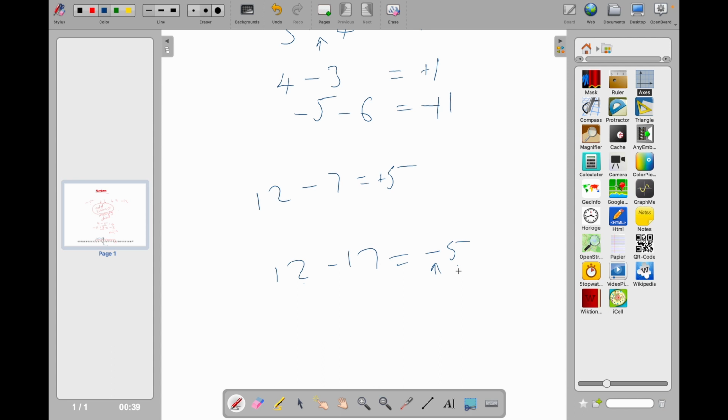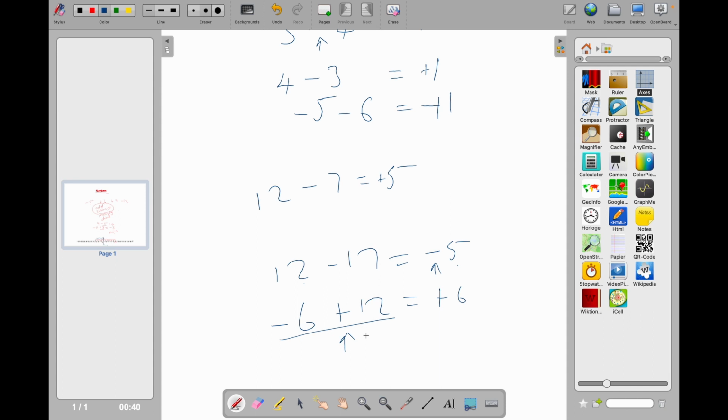Okay, let's go to the next one. Let's say we have minus 6 plus 12. This one is plus 6. Why? Because we subtract and we get the sign from the bigger number.